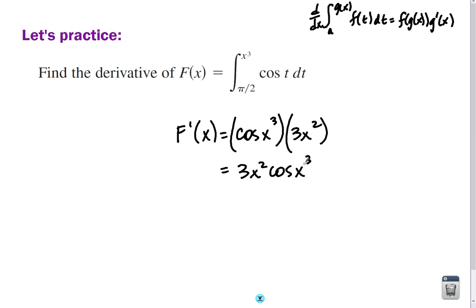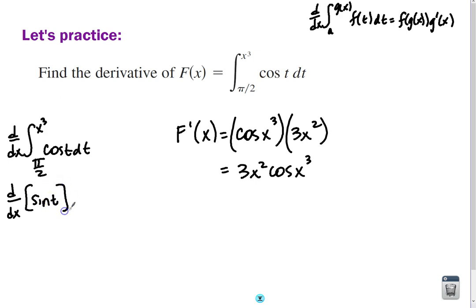Now, if you wanted to see this the long way, just real quick, so d dx from pi over 2 to x cubed of cosine t dt. Okay, so integrate first. The antiderivative of cosine is sine, so sine of t from pi over 2 to x cubed, okay? d dx of the sine of x cubed minus the sine of pi over 2.